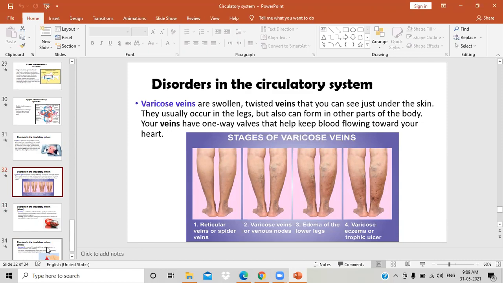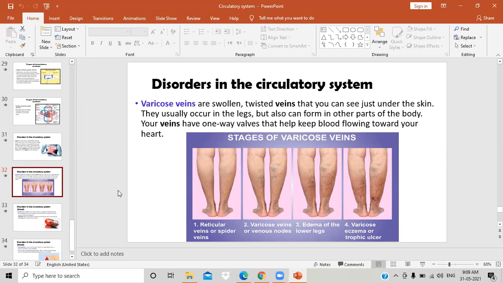The walls of the veins need certain nutrients that the body is lacking, and this is why the walls of the veins become very weak, so that they start to swell and twist.